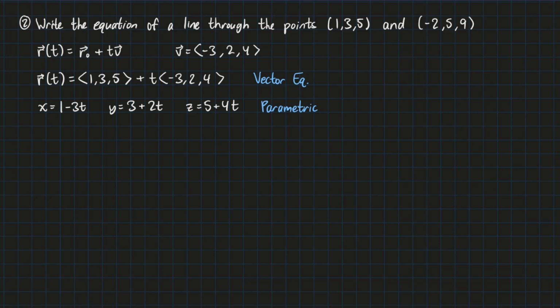And then again, for symmetric, we isolate for t. t equals (x minus 1) divided by -3, equals (y minus 3) divided by 2, equals (z minus 5) divided by 4.